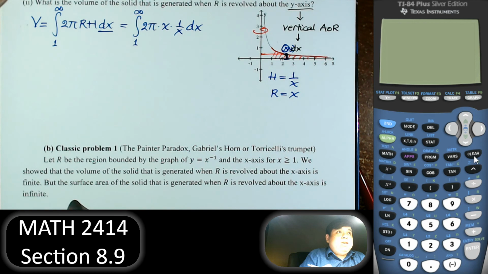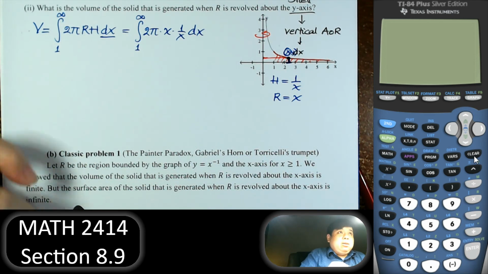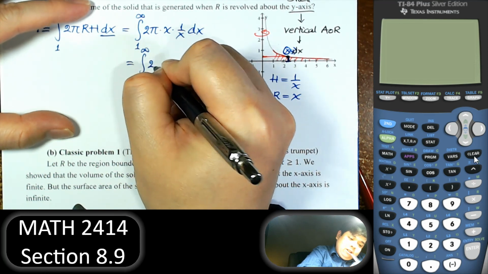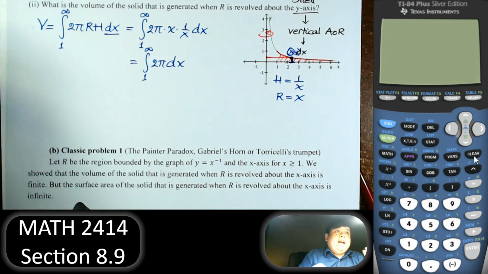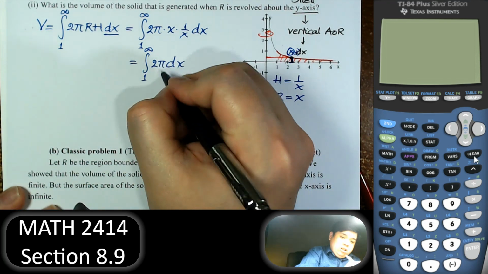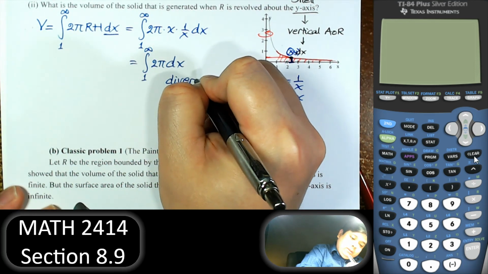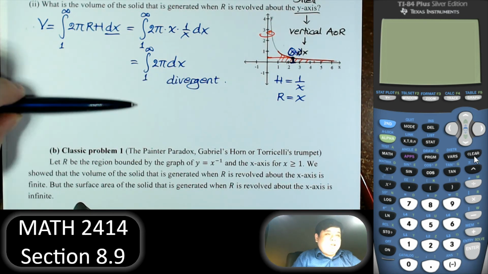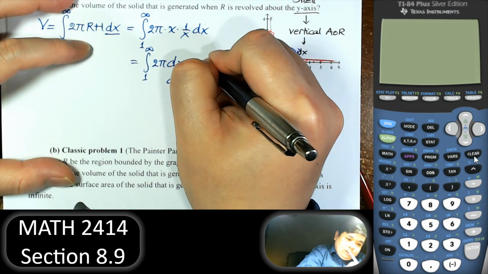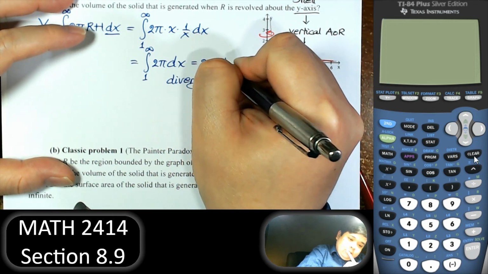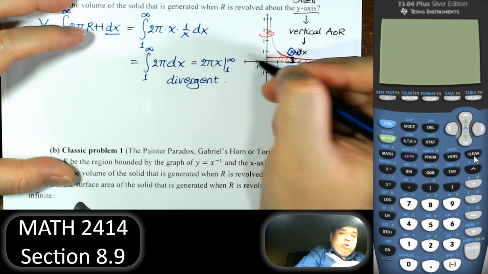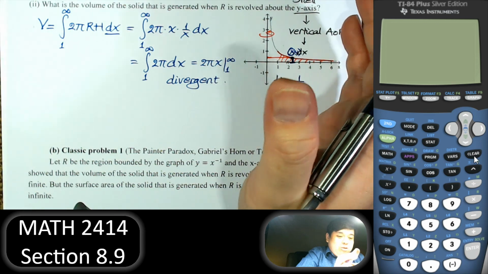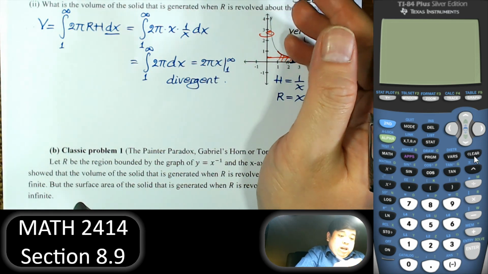And of course when we have this, x and x cancel out. And of course this is p equal to 0, so this is divergent, because that's just 2 pi x, and x goes from 1 to infinity. Put infinity in there. Of course we should use the proper notation for the improper integral.